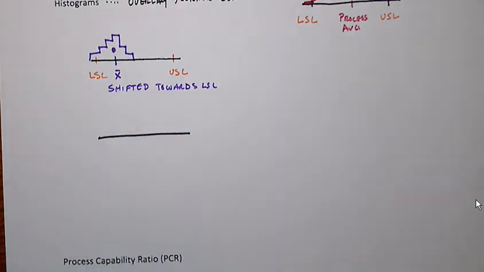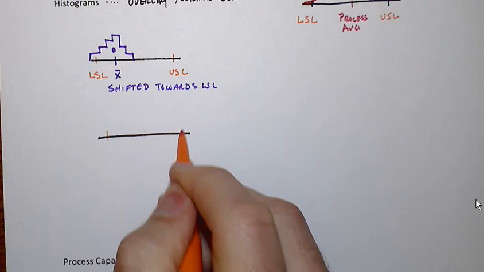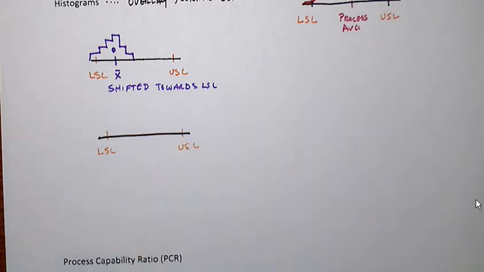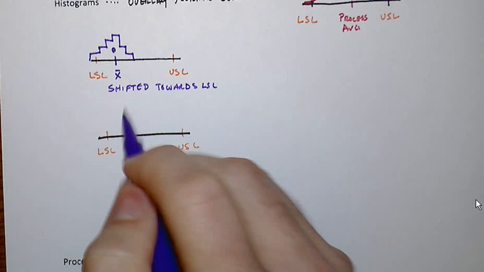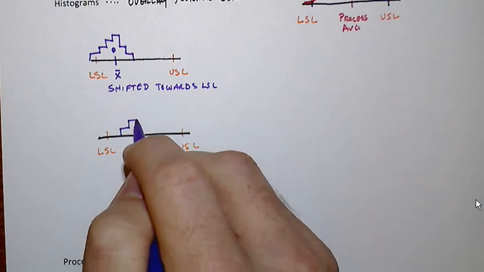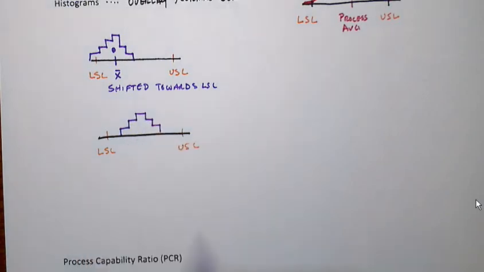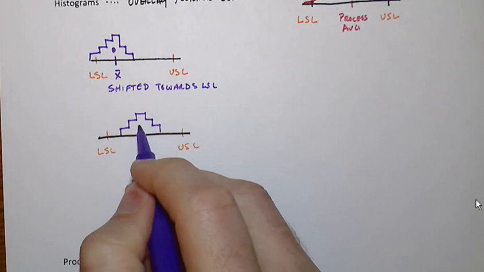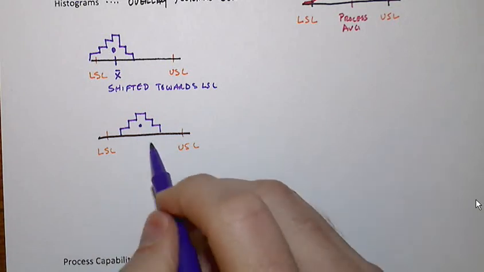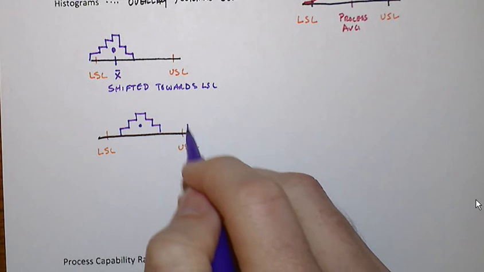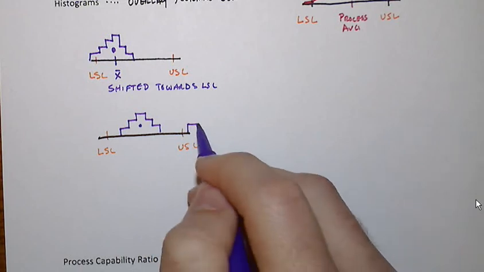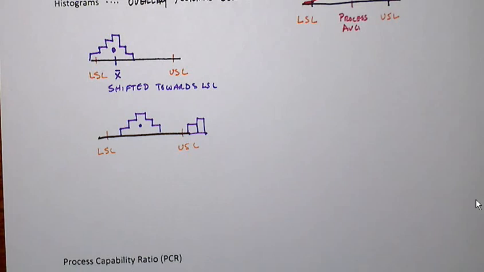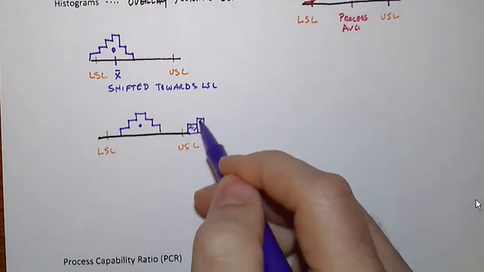Right? And other typical kinds of scenarios that you might end up with is that the bulk of your histogram is well within your specification limits, and the process average or centroid is reasonably close to halfway between your two limits. But what happens if your histogram shows some data points that are out beyond? Right? And that is of course not such a good thing.